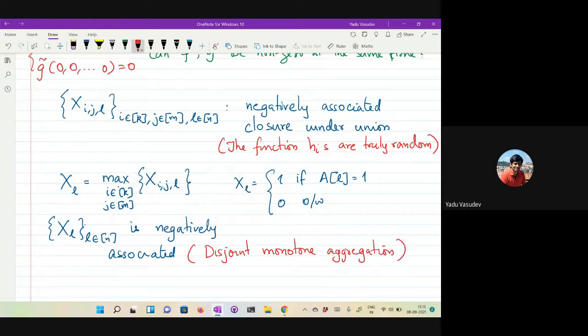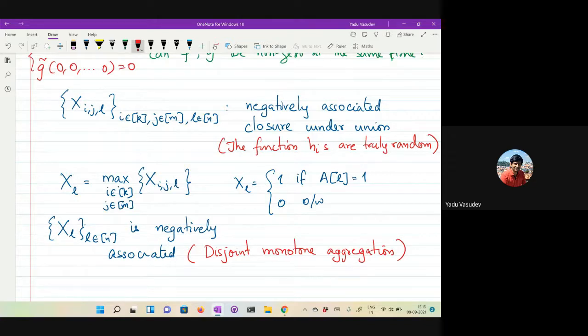Because you have disjoint sets, the sets of ij L for the different values of L are disjoint. And the function that you are having here is the maximum, which is again non-decreasing. As the values of these random variables change, the maximum can only increase, it cannot decrease.